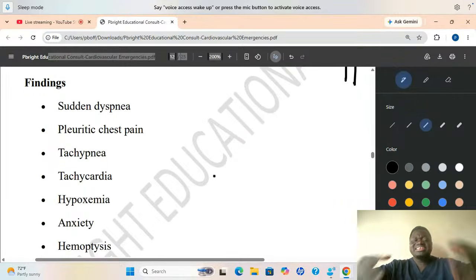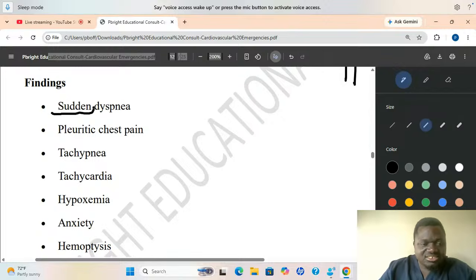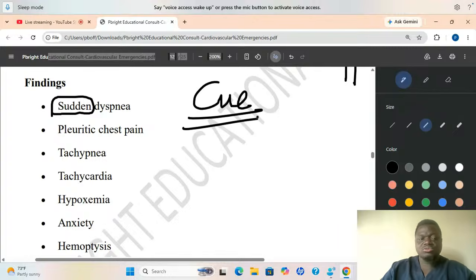So what are the findings? How will you know that this patient is having pulmonary embolism? The patient can never hide it. They will surely come with sudden dyspnea. This is a big cue.